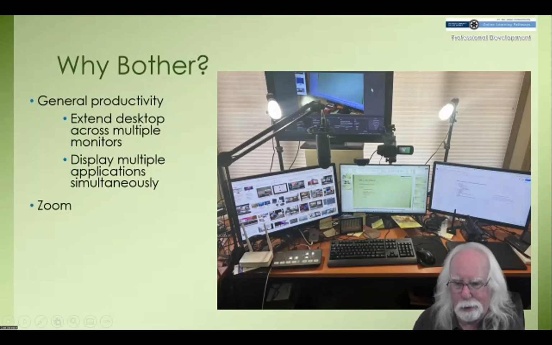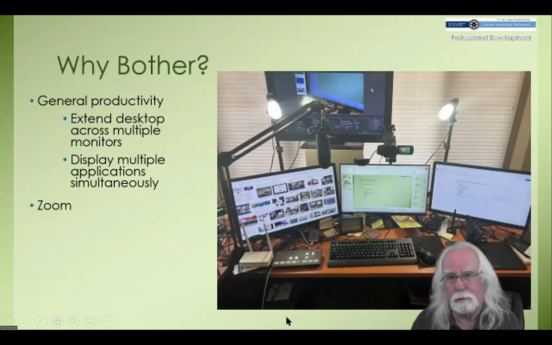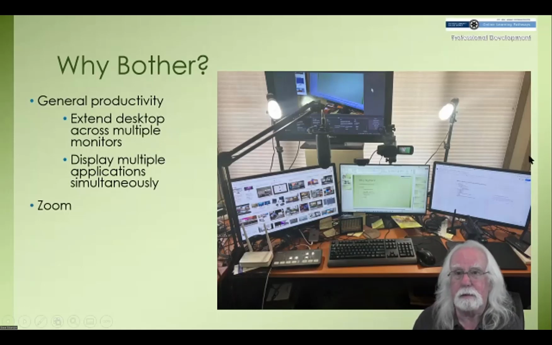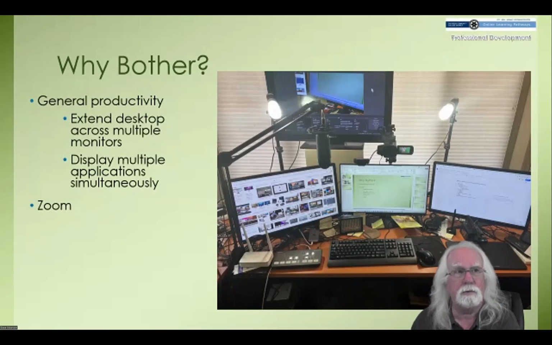You don't have to keep going down to the bottom of the screen and looking for the application you want to display in your taskbar or your ribbon at the bottom on a Mac. You can have the windows that you want to show people available, and then just drag them across.